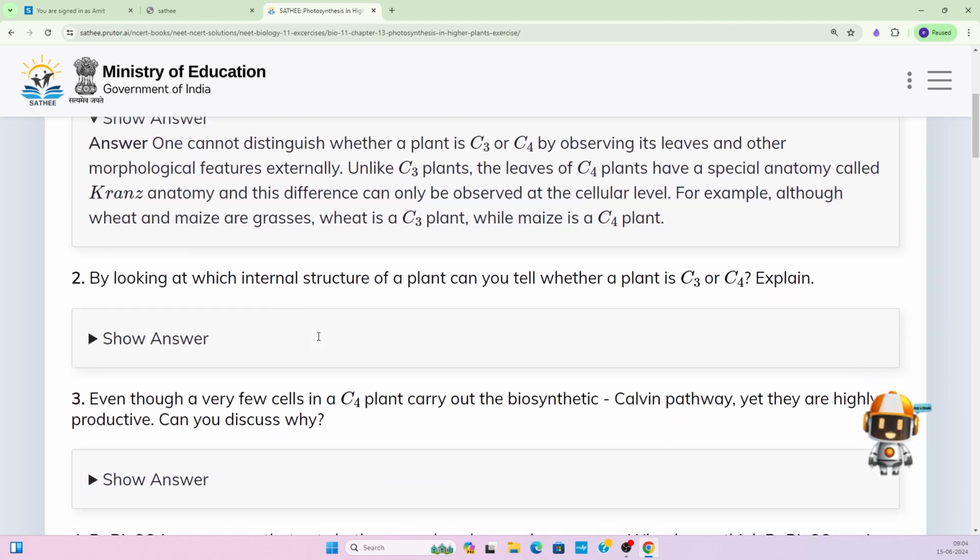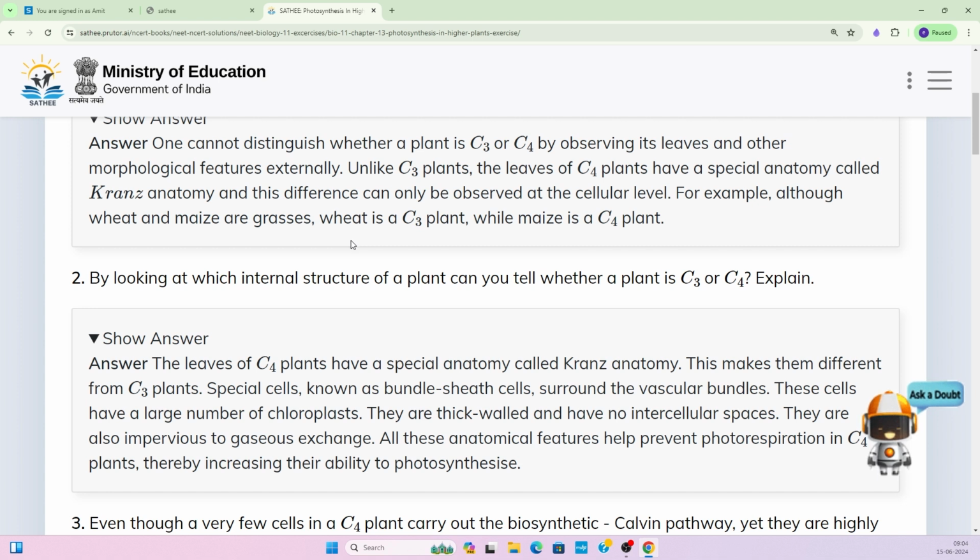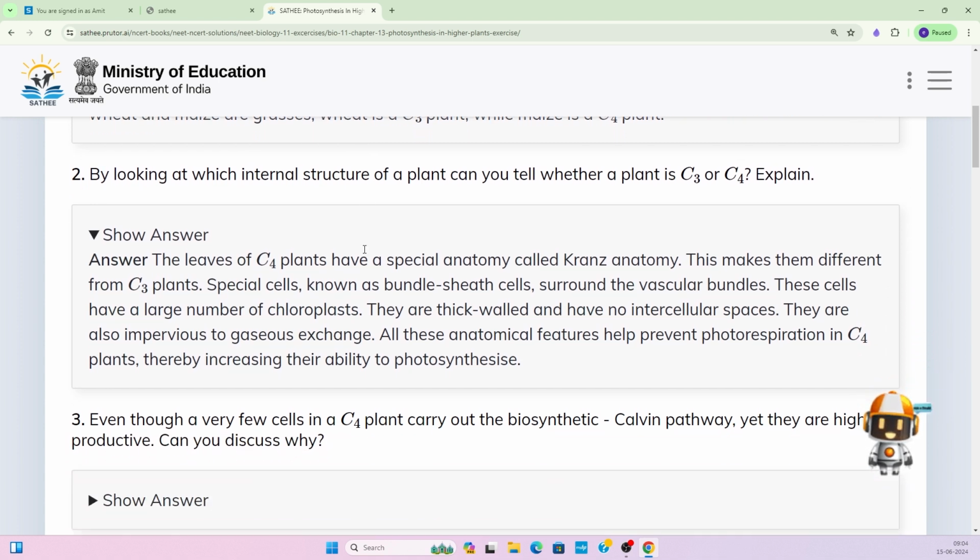Okay, so moving to the next question. By looking at which internal structure of the plant can you tell whether the plant is C3 or C4? So if you are looking at the internal structure of any plant, which part will tell you whether the plant is C3 or C4, right?